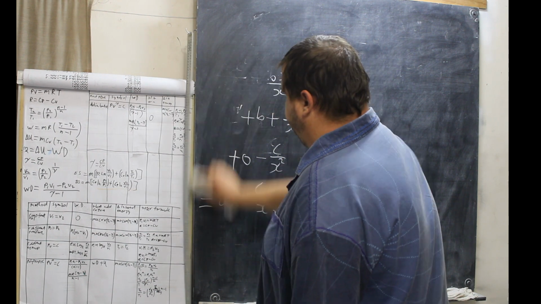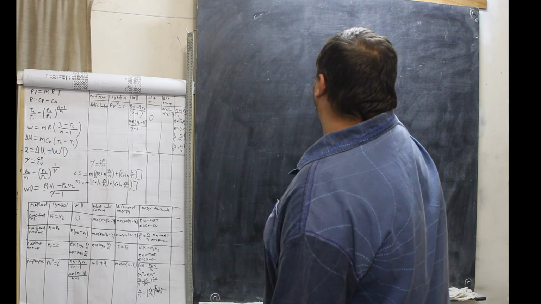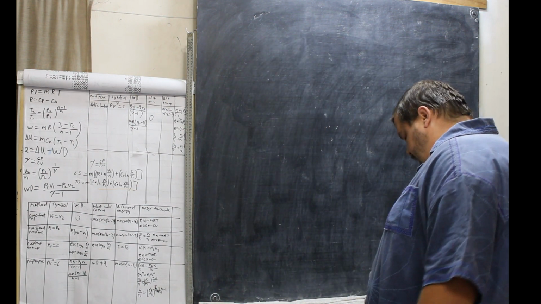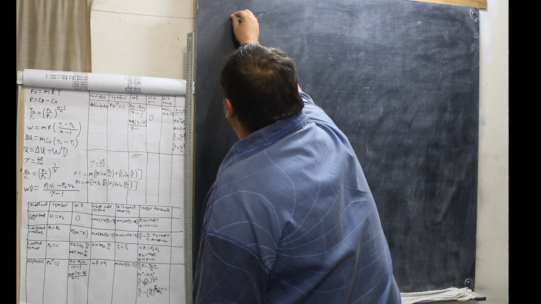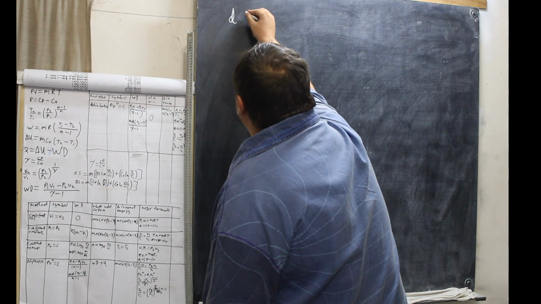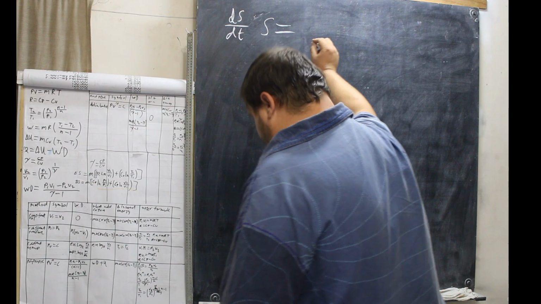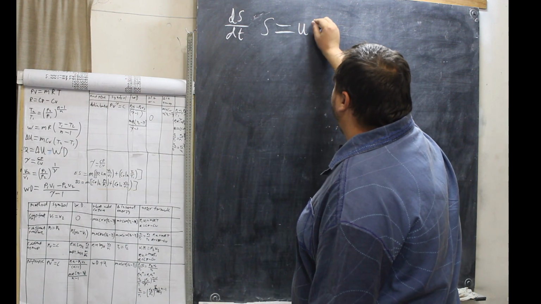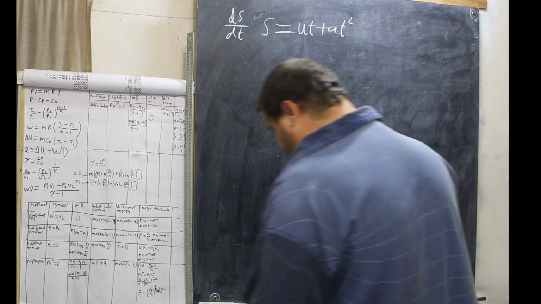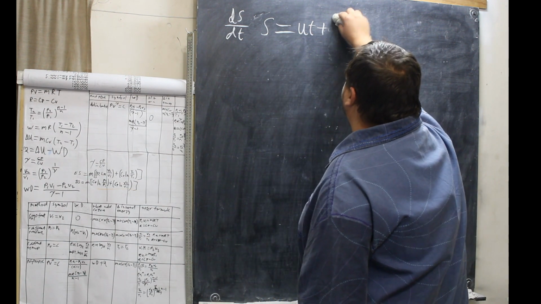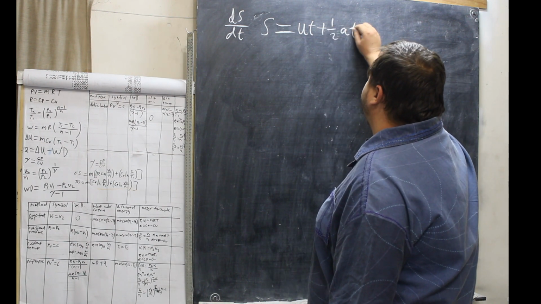And our next sum. Now this one will be a little bit different. This is ds over dt, because s equals ut plus half at squared.